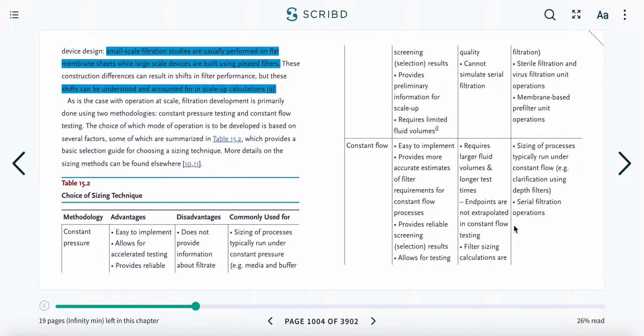Endpoints are not extrapolated. Filter sizing processes typically run under constant flow, clarification using depth filtration, serial filtration operation. These are the disadvantages.